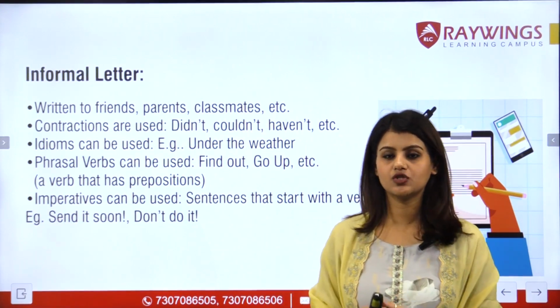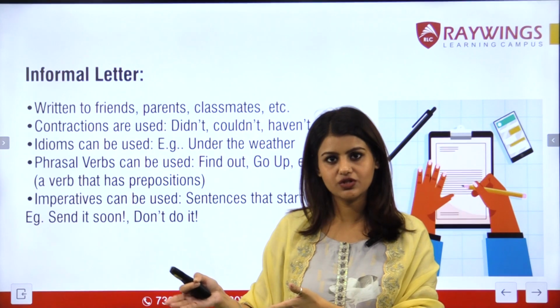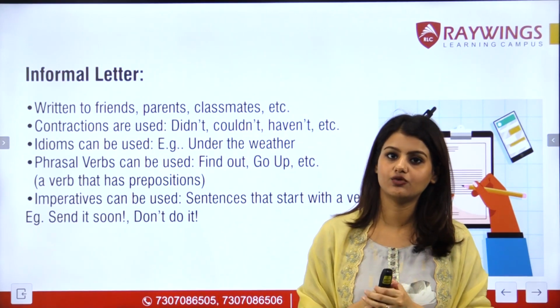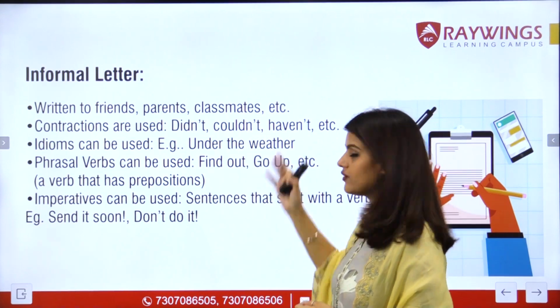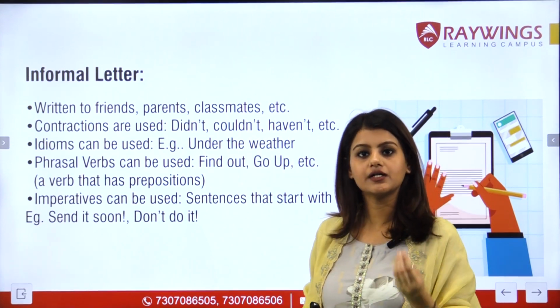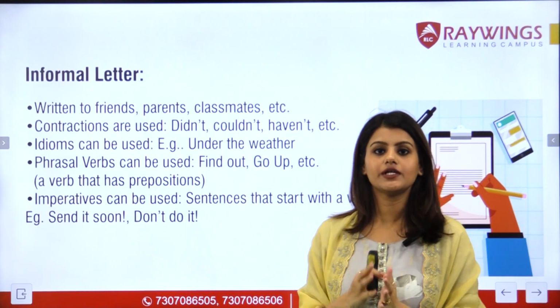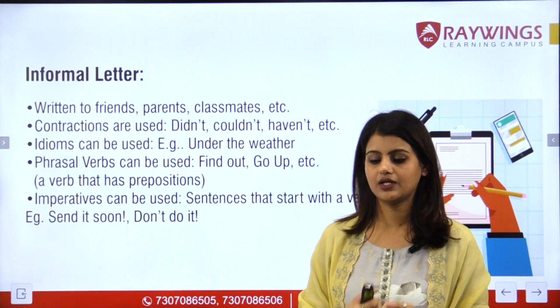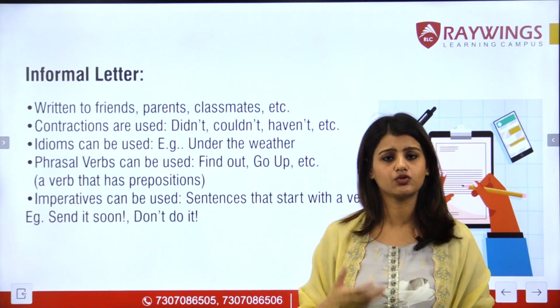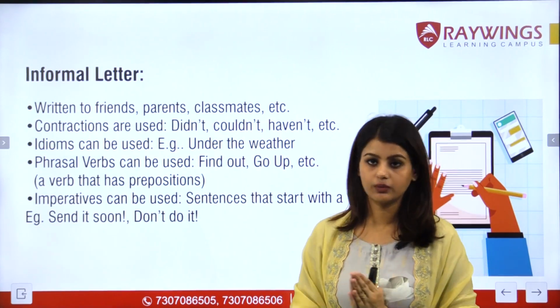Have not is what you would normally use, but if you contract it you say haven't. So could, didn't, couldn't, haven't, all these words are called contractions. So in case of informal letters you are allowed to use contractions. You can easily use them while writing, and there is no problem in that.